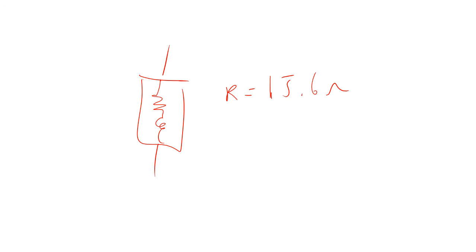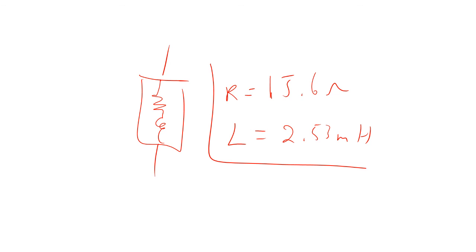So our unknown circuit here is going to be a resistor and not a capacitor, but an inductor, with a resistance of 15.6 ohms and an inductance of 2.53 millihenries. And so that's how we identified what our unknown circuit was.